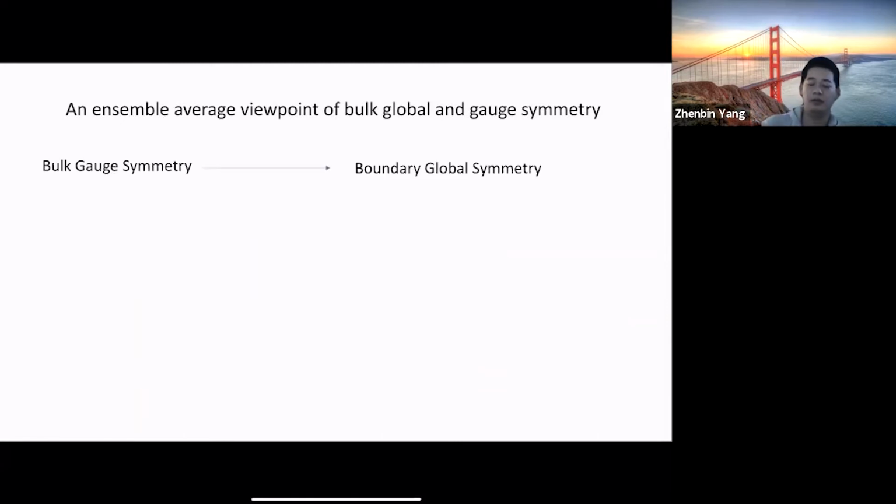First, bulk gauge symmetry is like a traditional rule of AdS/CFT. If we have some bulk gauge symmetry, then that will correspond to some boundary global symmetry.